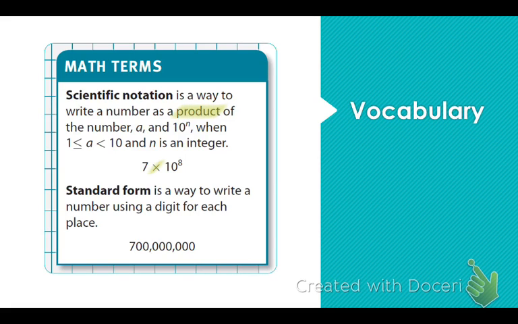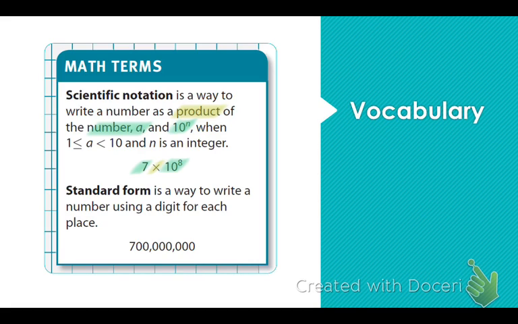And we're multiplying a number times 10, or times the power of 10. So that's what this 10 to the n is. It's a power of 10. And then we're writing our number as a. It has to be an integer.